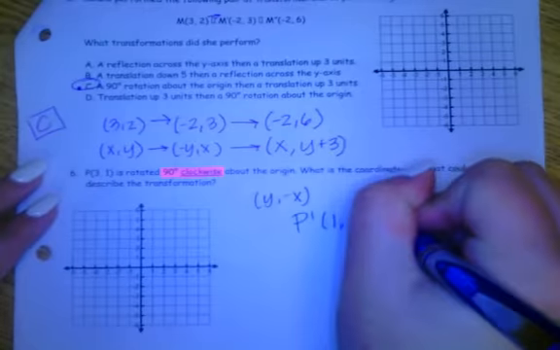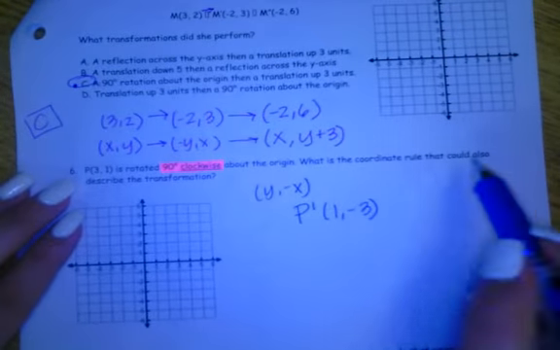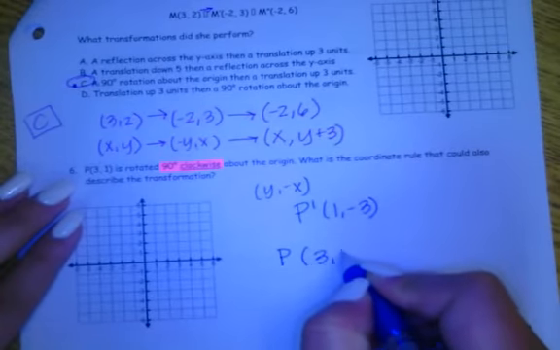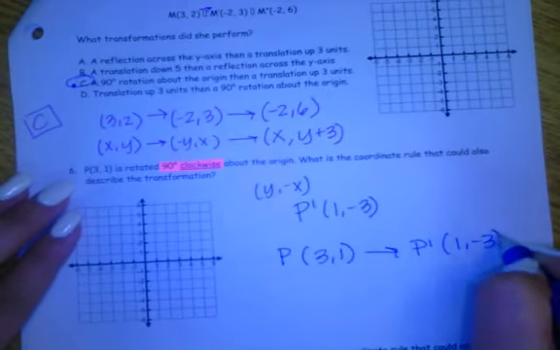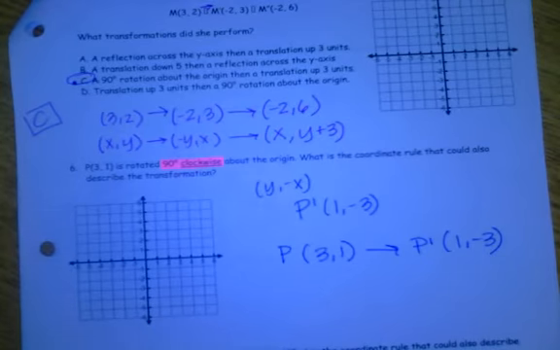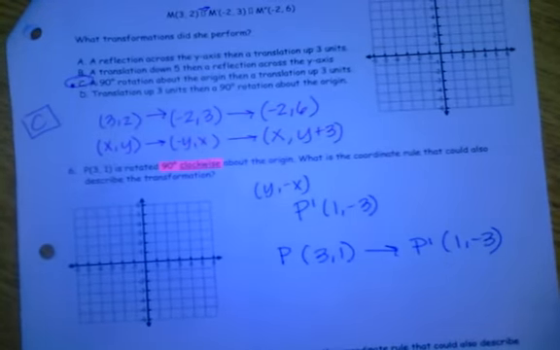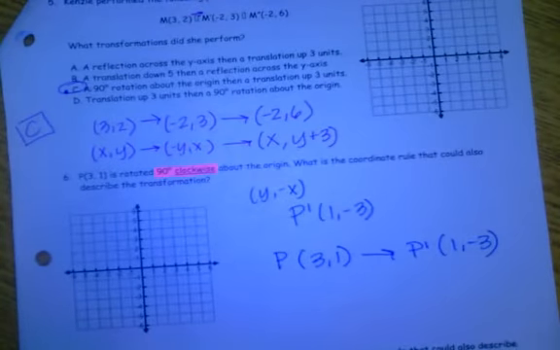Very good. Okay, what is another way that we could have gone from P, which is at 3, 1, to P prime, which is at 1, negative 3? What is another transformation rule I could have made to get from P to P prime? Can I reflect? No, because my X and Y switched, so that wouldn't work. 270 degrees counterclockwise, yes, that works.